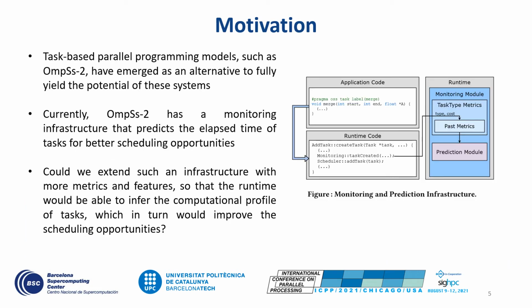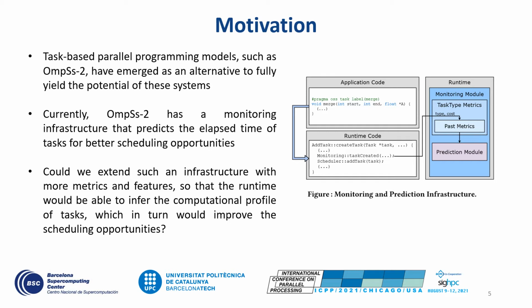At the same time, task-based parallel programming models, such as OmpSs-2, have emerged as an alternative that fully yields the potential of these current systems. Currently, OmpSs-2 has a monitoring infrastructure that predicts metrics such as the elapsed time of tasks. And it does this so that it can create better scheduling opportunities within the runtime.